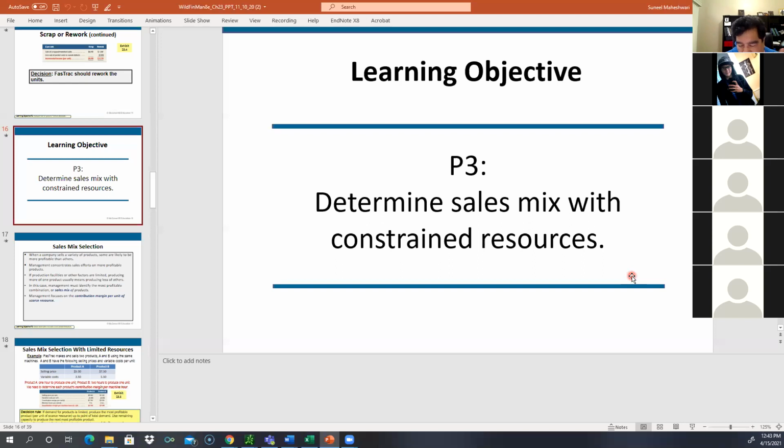So in that tunnel, the 2 lanes become a constraint. The maximum traffic that can flow through those 4 lanes is whatever can flow through those 2 lanes, that constraint which is there. So you have to maximize the throughput through those 2 tunnels. In business terms, you need to maximize the contribution margin per unit of constrained resource.